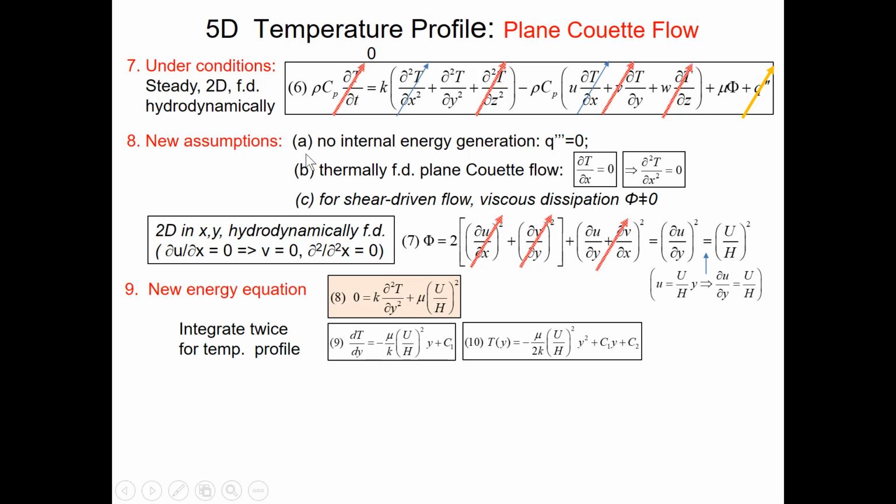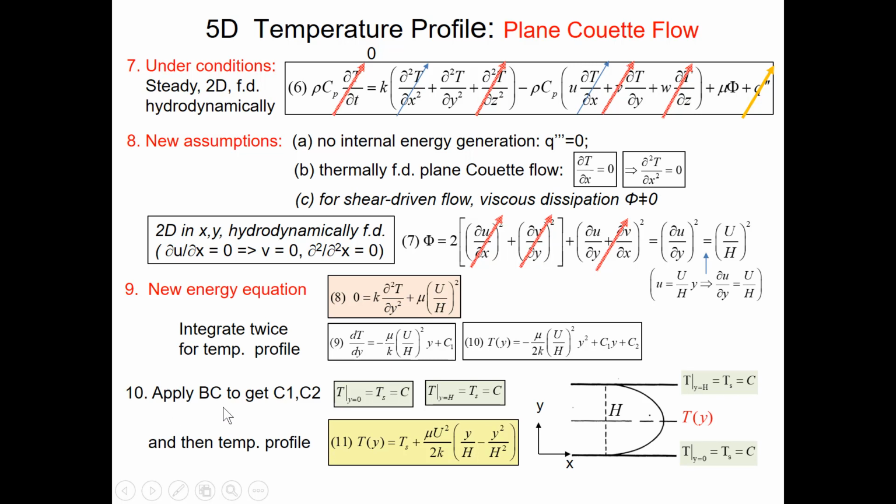By checking the energy equation 6, after the simplification, we have one term and a second term left, which is represented by the constant. Next, we simply integrate once, twice for this second order ordinary differential equation.